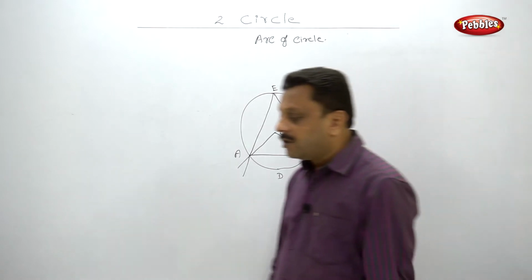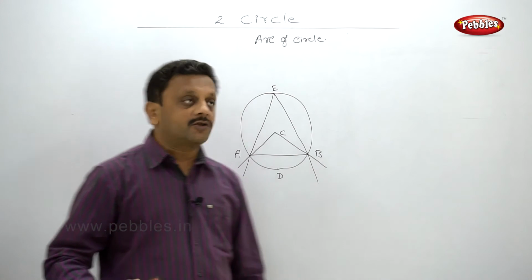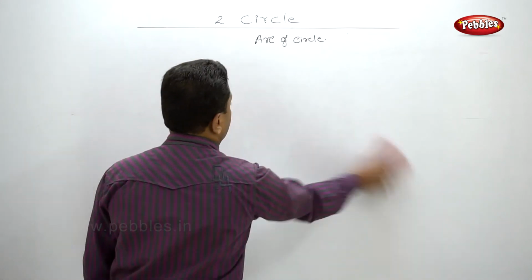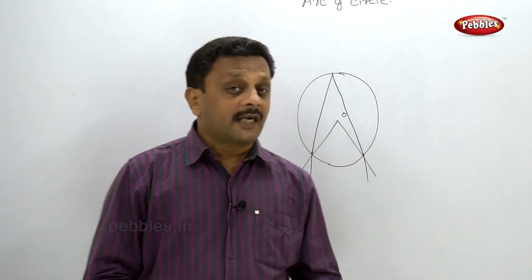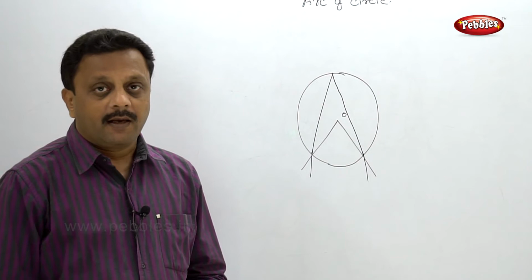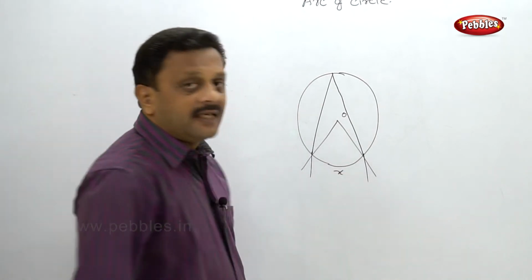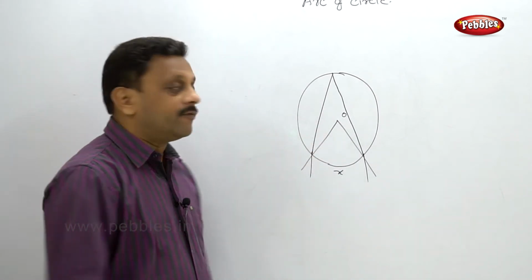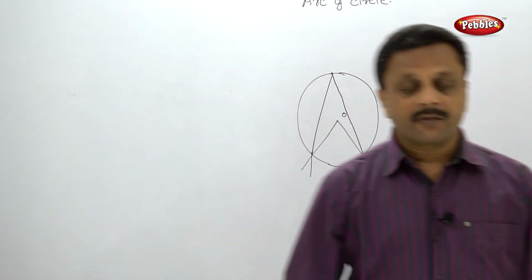So now let us see a few important theorems about the inscribed angles, because these theorems are useful for us to solve the problems about the arcs. Now let us see the inscribed angle theorem. Just now I told you that this arc X has subtended two angles, one at the center and one here on the circumference. Correct?